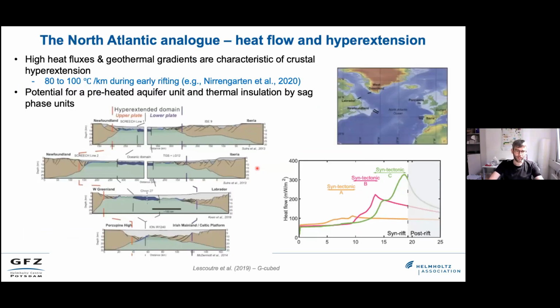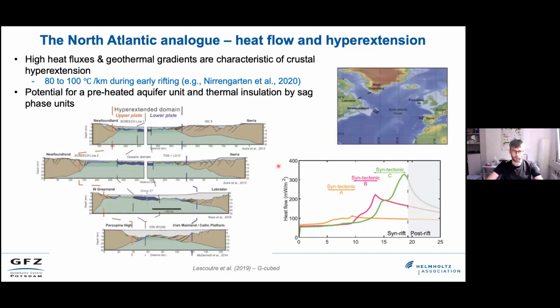So if we just backtrack slightly, I'd like to touch on a couple of areas where I think recent work on hyperextended margins might be relevant to the mineral systems model. One of the most important aspects here is the thermal architecture, which provides the driver of the system in terms of energy. From studies on various transects of the North Atlantic margin, we know that crustal hyperextension can result in high geothermal gradients.